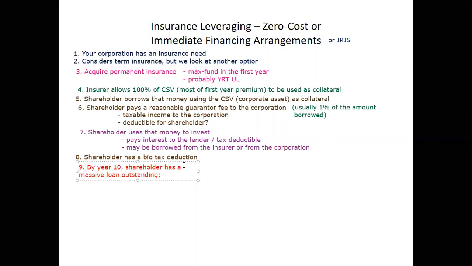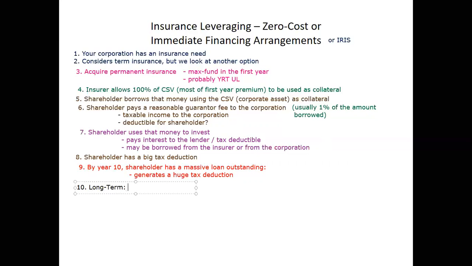And that massive outstanding loan now generates a huge tax deduction. And that big tax deduction allows the shareholder then to take a ton of compensation out of the business for free. This is why we call this a zero cost arrangement. Really, what ends up happening is you pay very little for your policy. And then you have this long-term plan to have this win-win-win.